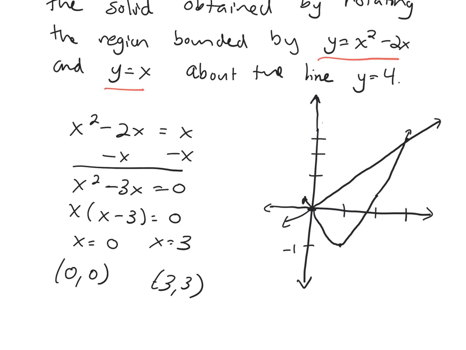So the region between these two, this is my region. And now I want to rotate. Here's the other equation we haven't used so far. y equals 4. So I'm going to rotate about that line. It's a horizontal line, y equals 4.